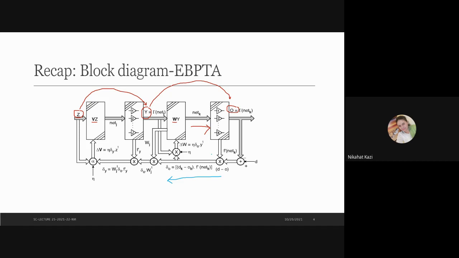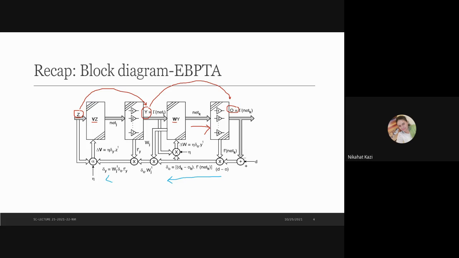Why do you need to compute error signals? You need to adjust the weights so that you get the correct output finally after training. So which are the first error signals that you compute? The error signals for the output layer. You first compute the error signals for the output layer, and then for the hidden layer.